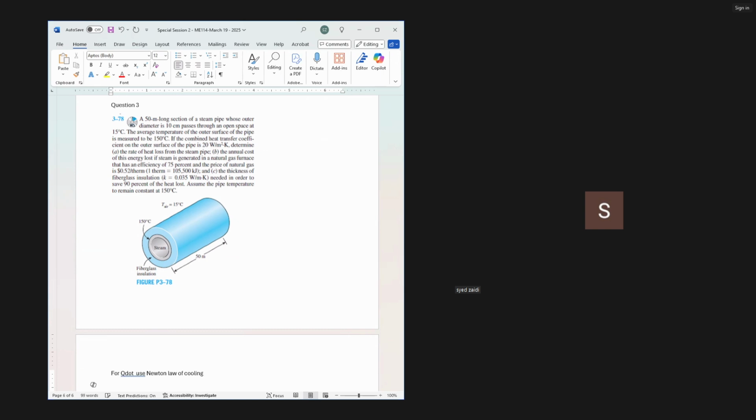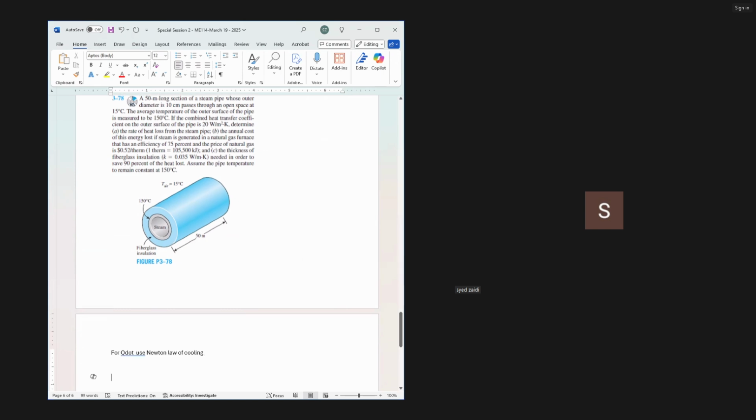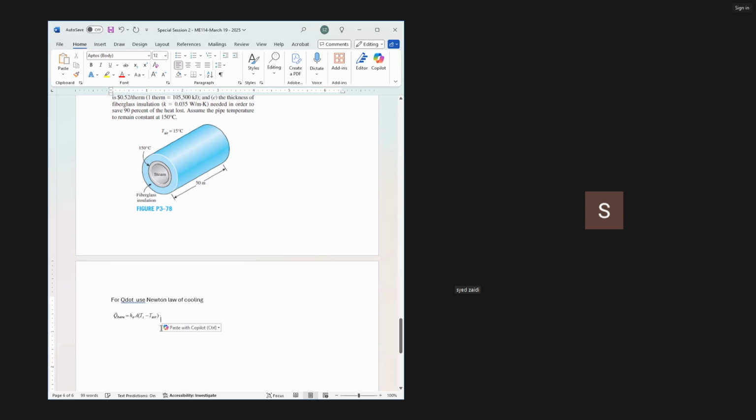Q dot is equal to h times area, which is our basic formula. Remember that A is the surface area of the pipe.